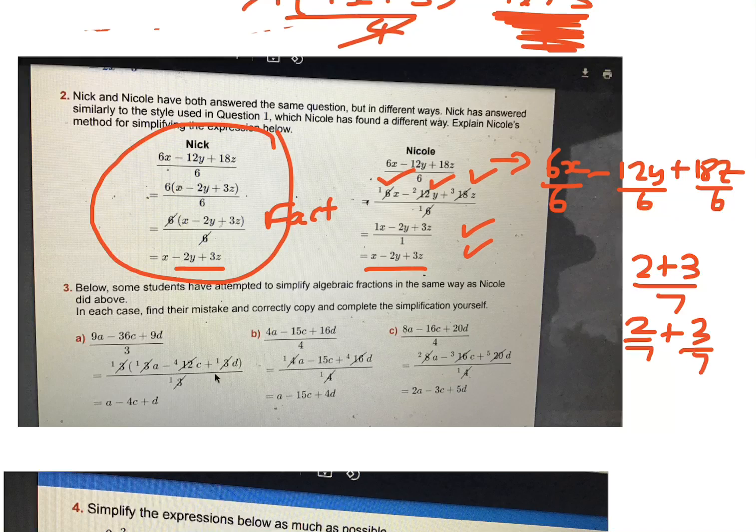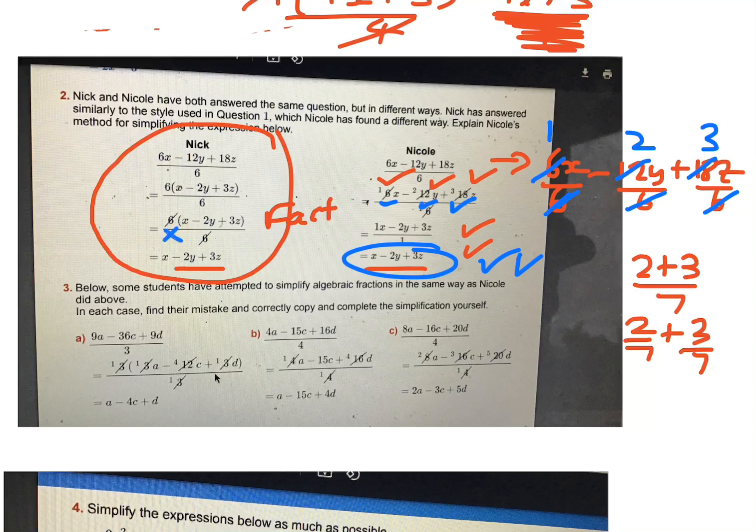So I can split it across the different denominators. That's why her method works. 6 goes into 6 once, 6 goes into 12 twice, and 6 goes into 18 three times. So you get 1x, which is just x, minus 2y, plus 3z. Because she has divided into every term, she's okay to go.